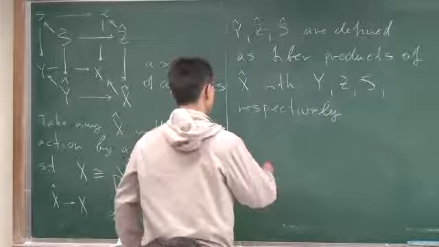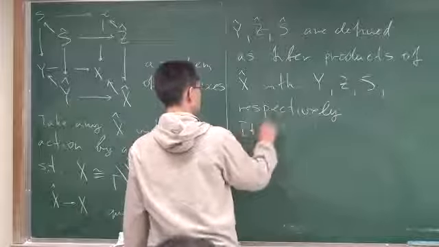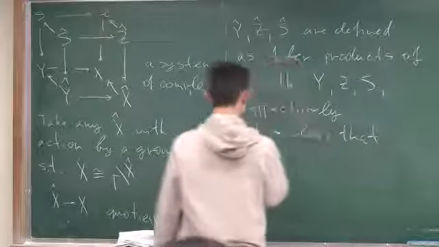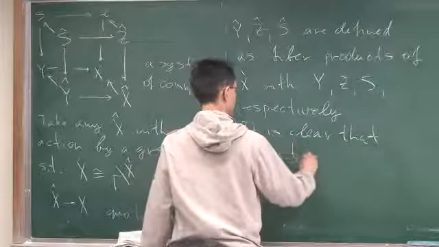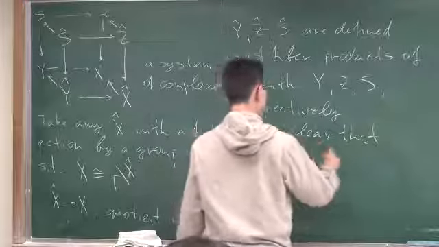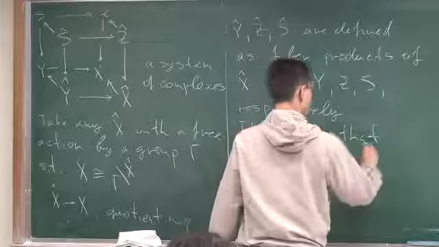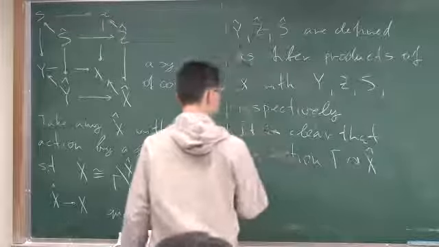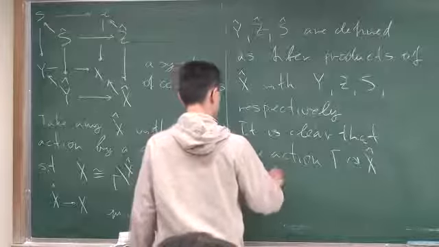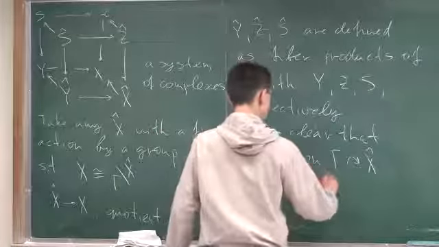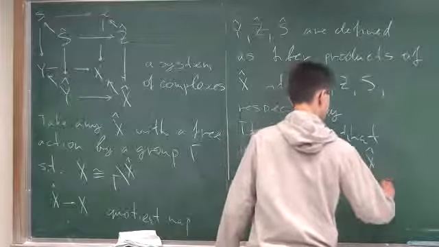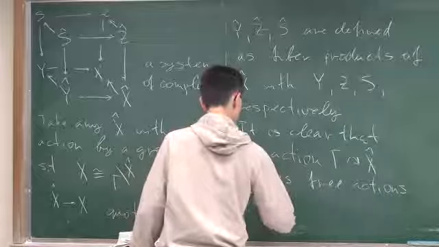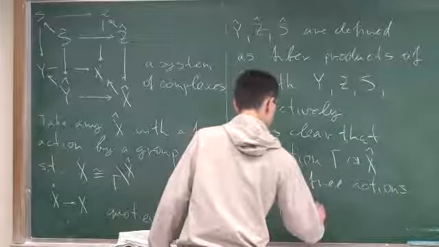And now it is clear that the free action of gamma on X hat, so we are assuming that this action is free, induces free actions of gamma on Y hat, Z hat, and S hat.